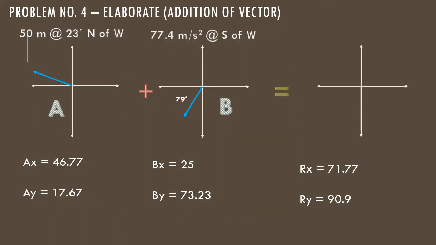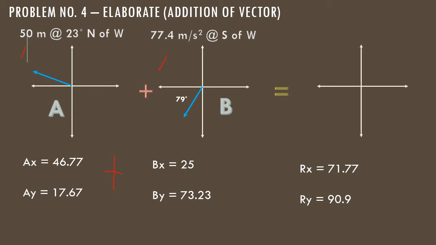So now let's proceed to the addition of vectors using our previous problems. So this is problem number 2 and 3. So meron na tayong nakuhang x and y components for the problem number 2 and meron na rin tayo sa problem number 3. So ang gagawin lang natin is i-add lang natin.